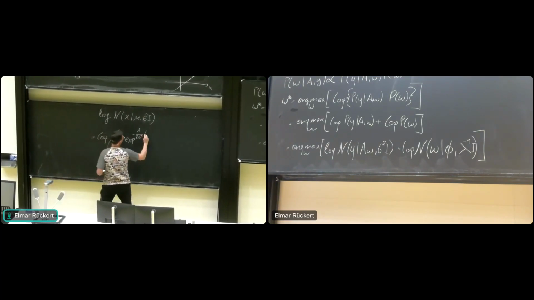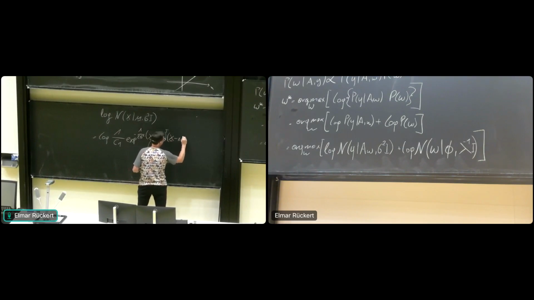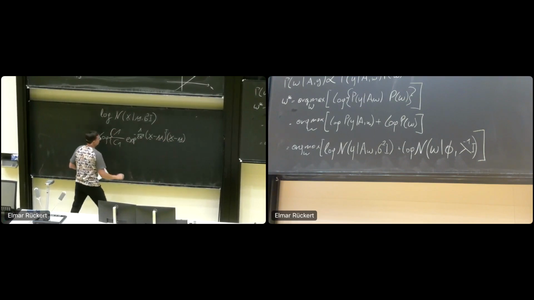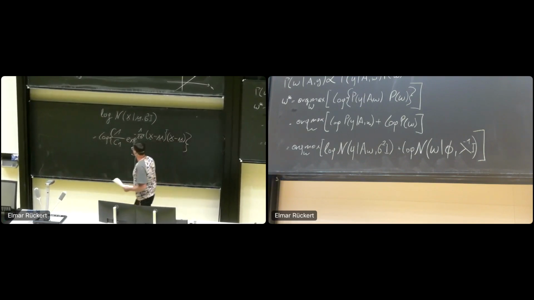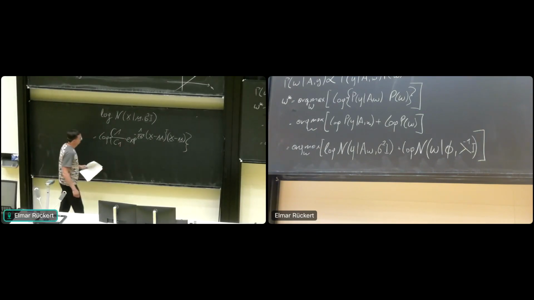And now remember, we had these vectors x and mu, and we computed here the square difference. Now, if you apply the log to this term, what happens? This product becomes a plus, so you can separate it. You can compute the log of 1 divided by C1 and the log of the exponential of this term.